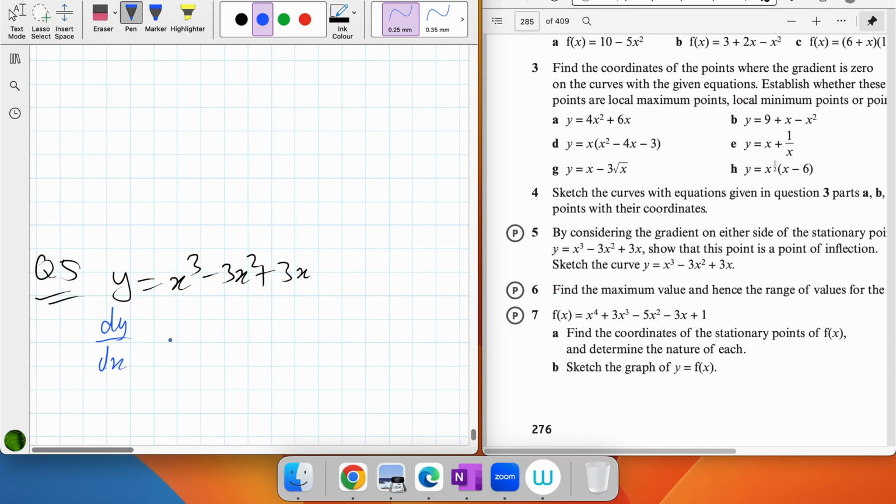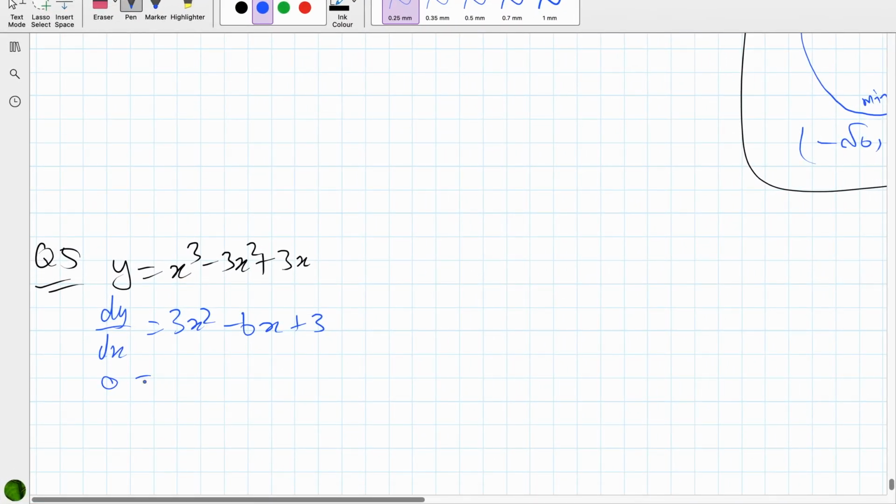So dy by dx is equal to 3x square minus 6x plus 3. 0 is equal to 3x square minus 6x plus 3. Dividing the complete equation by 3, this becomes positive 3. You can do it with both.